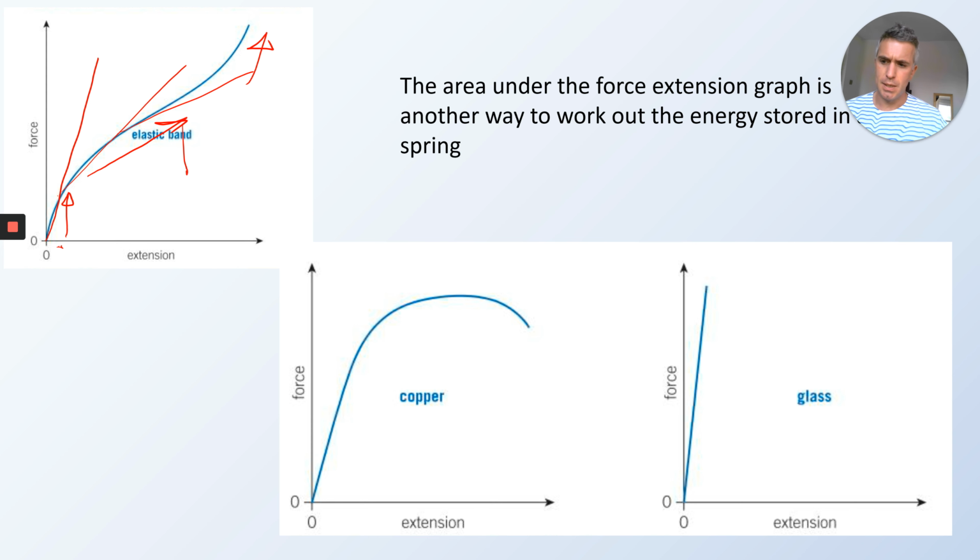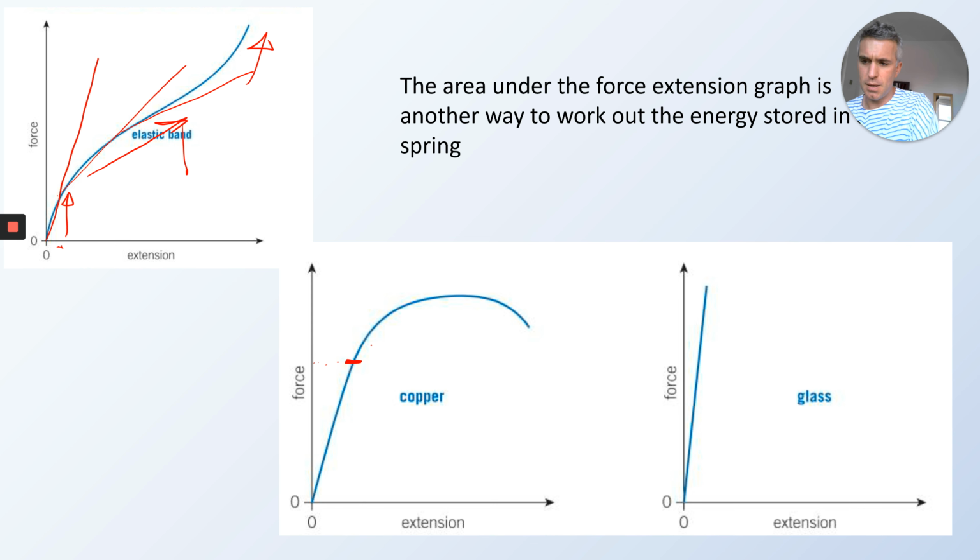Now, copper is very different to an elastic band. Here, up to about this point on the graph, copper obeys Hooke's law. The force and the extension are directly proportional. In fact, up to this force, if you took the force away, the copper would spring right back to its original shape.